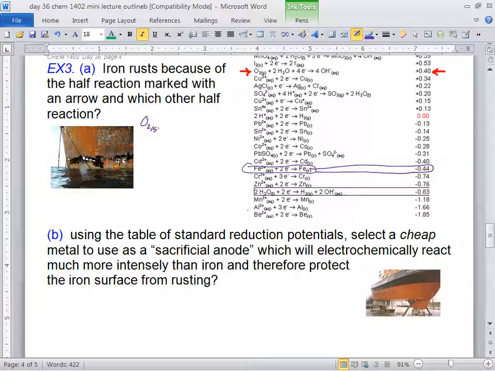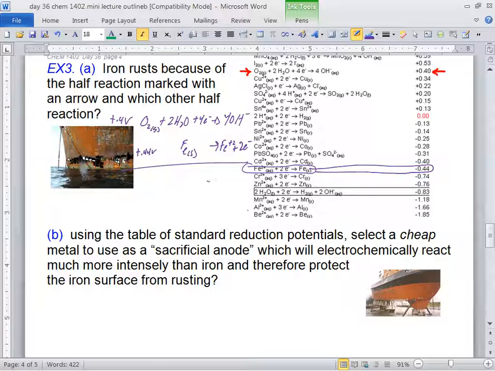If you wanted to write the whole rust story, it would look like this: oxygen gas plus 4 electrons goes to 4 hydroxides, E0 is positive 0.4 volts. And then you have to flip this guy. So you have iron solid over here goes to Fe plus 2 and 2 electrons, and that's positive 0.44 volt.